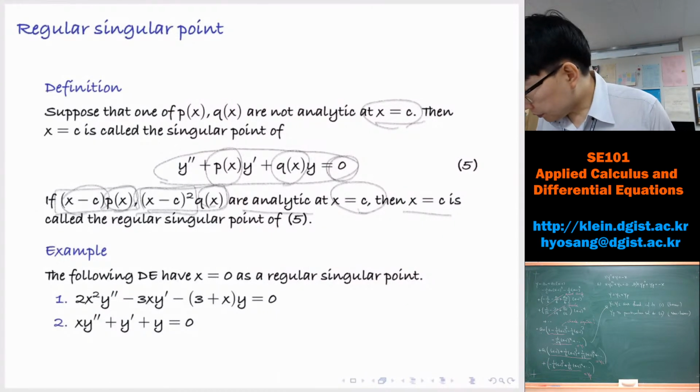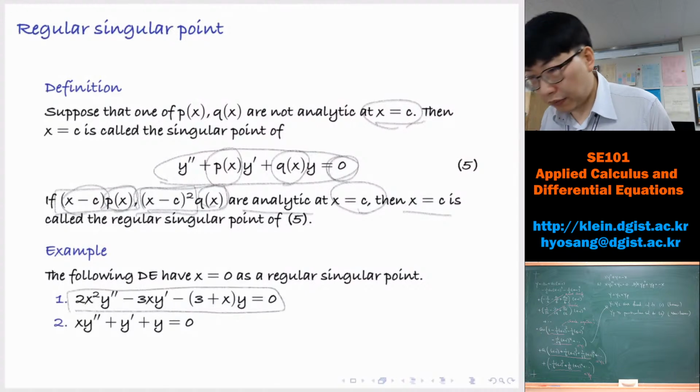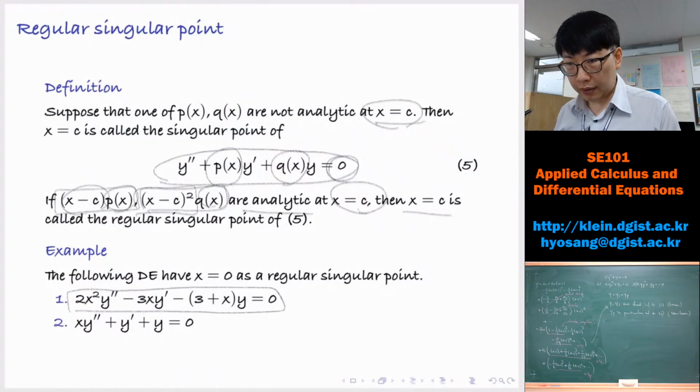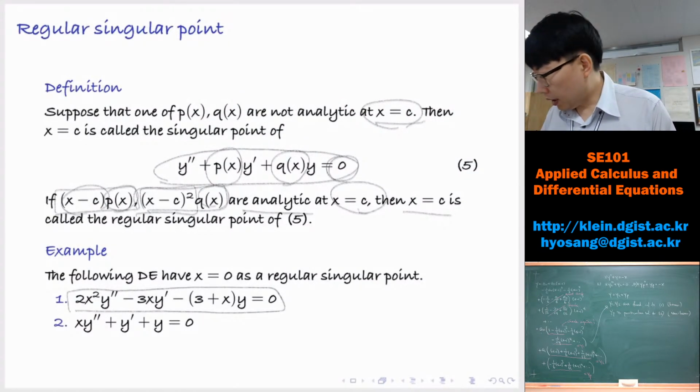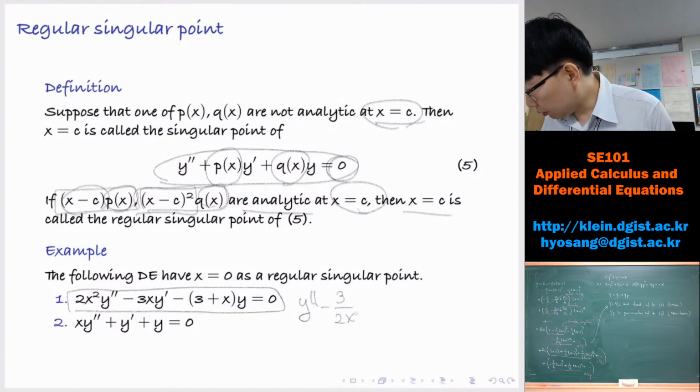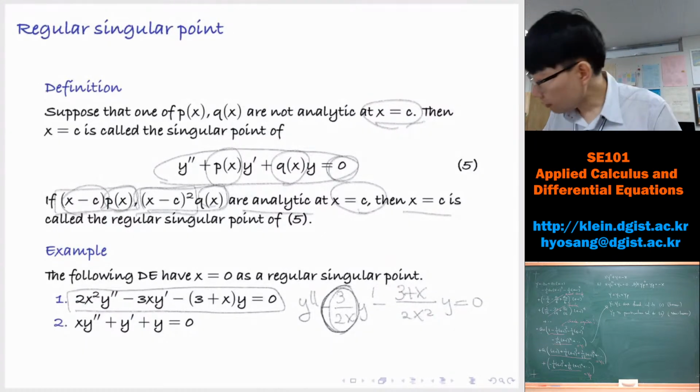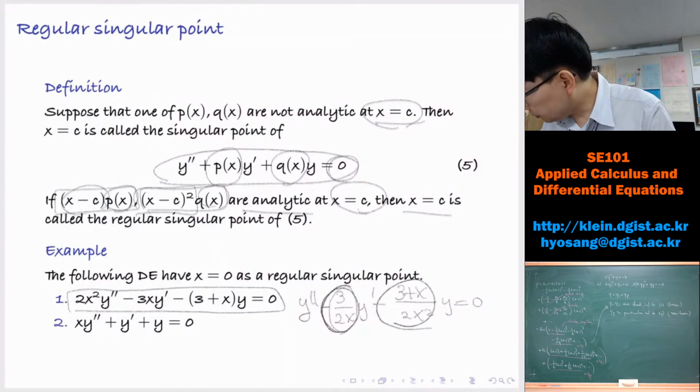So for example, the first equation has 0 as a regular singular point, because if I rewrite this as y double prime minus 3 over 2x y prime minus (3 plus x) over 2x squared y equals 0. So this is p, minus 3 over 2x, and this is q.